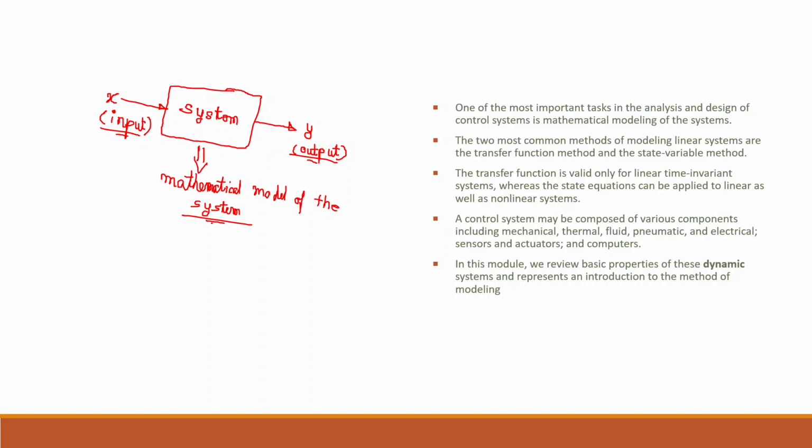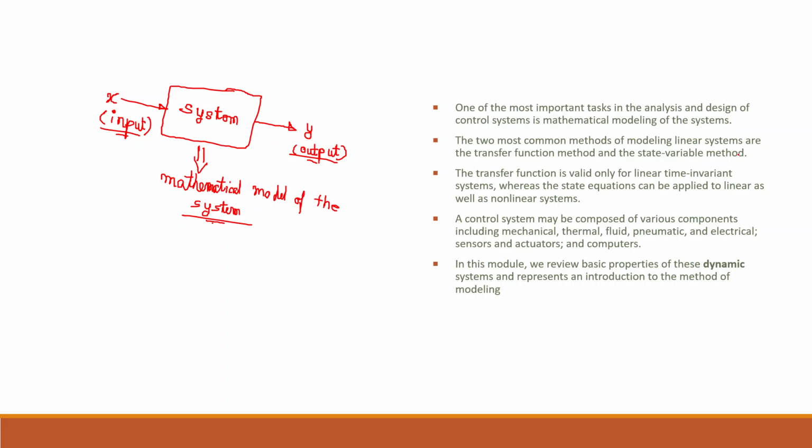The two most common methods of modeling linear systems are the transfer function method that we have already seen, and the state variable method that will be covered in next week's course, I guess.